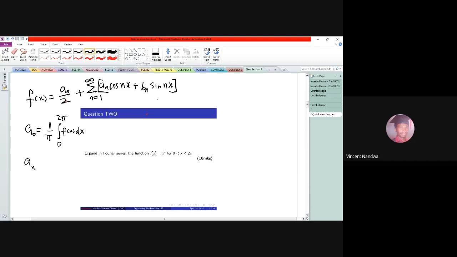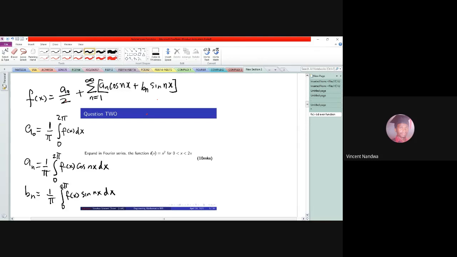And then an is 1 over pi, limits 0 to 2 pi, f of x cosine nx dx, and then bn equals 1 over pi, 0 to 2 pi, f of x sine nx dx.